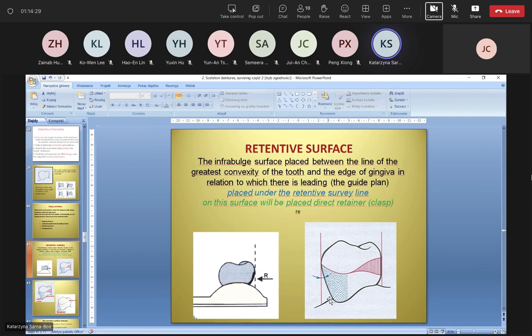Then we can call this surface a retentive surface, and then we know that we can place here the direct retainer, the clasp, the tip of the clasp. And of course, this retentive surface is placed under the retentive cervical line. This is the cervical line, and this surface is placed under this one. So on the tooth, as you can see here, the retentive surface is placed under the retentive cervical line.